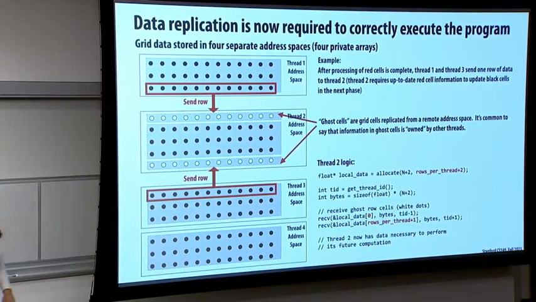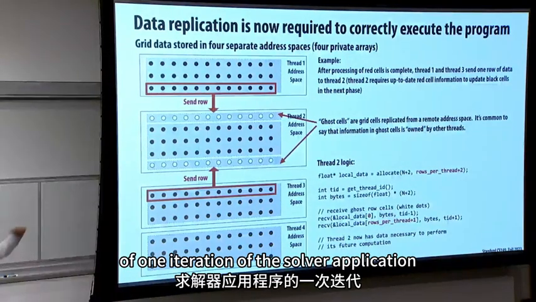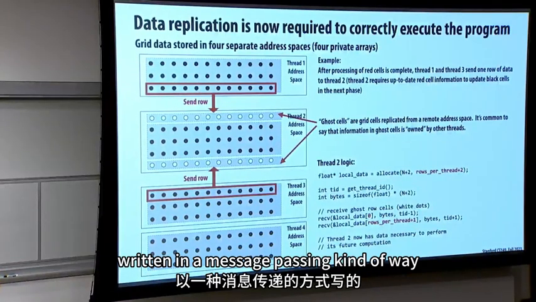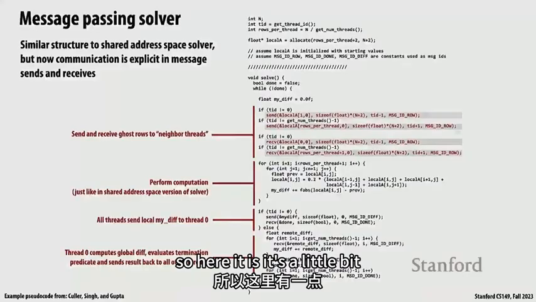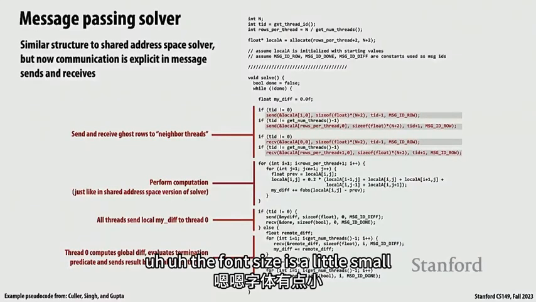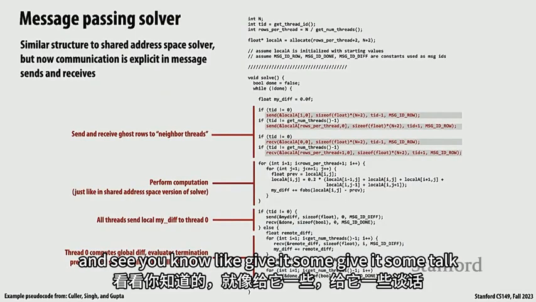Okay. Now let's take a look at a full implementation of one iteration of the solver application written in a message passing kind of way, not in a loads and stores kind of way. So here it is. The font size is a little small, but take a look at it and talk about it.